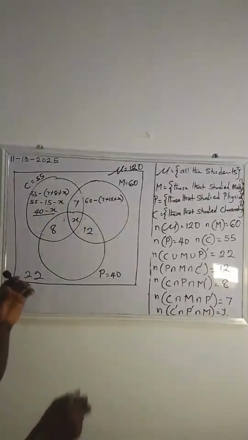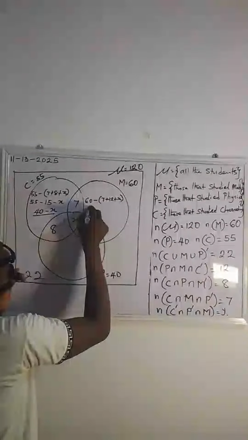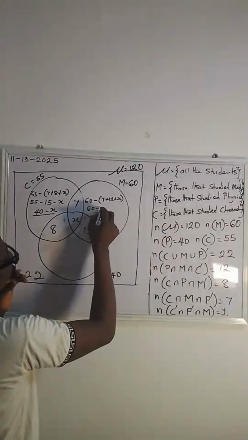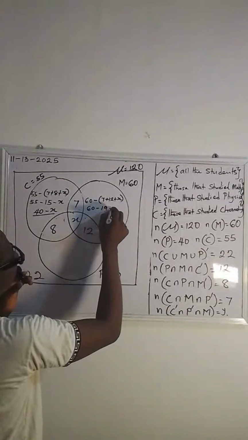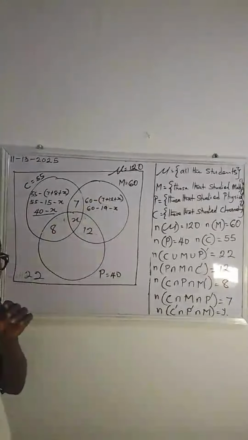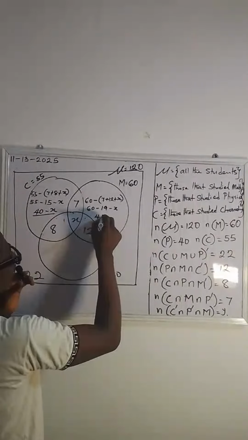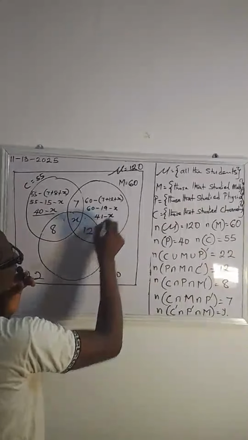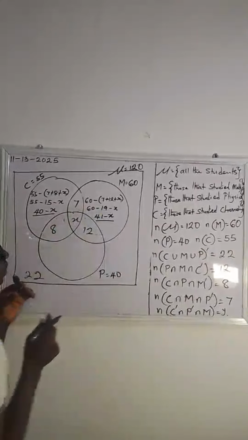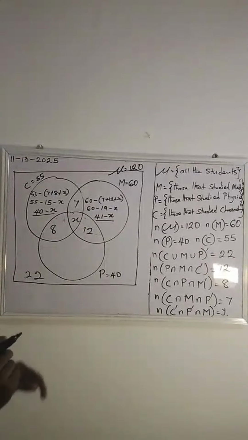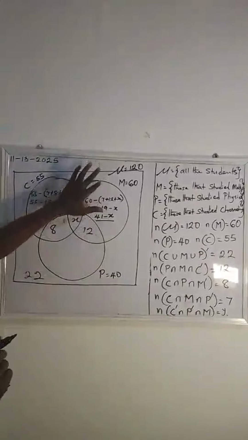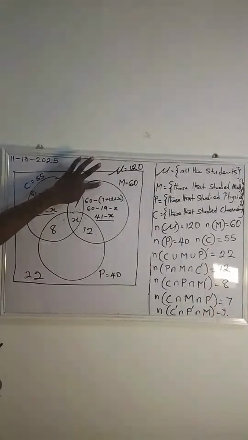That is 60 minus 19 minus x, which gives 41 minus x. This is the number of those who study mathematics only.